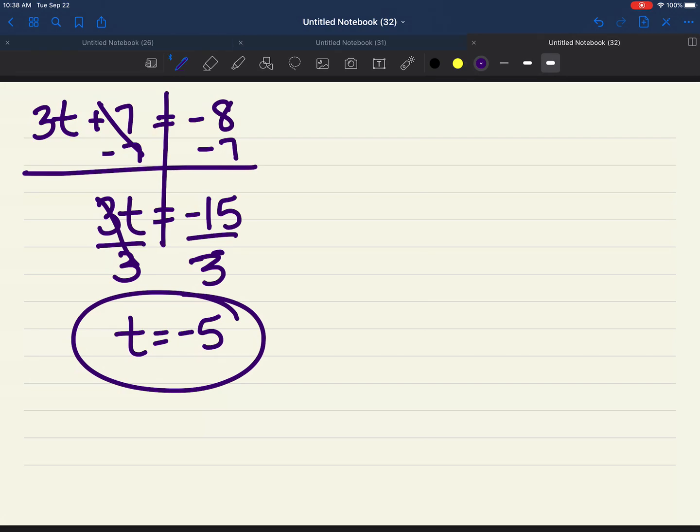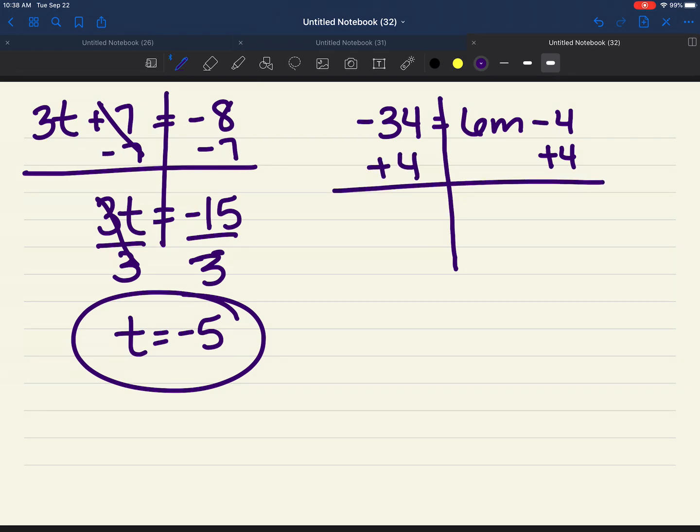All right. Steele, thanks for volunteering. Negative 34 is equal to 6m minus 4. You're going to add 4 to each side, because that would leave the variable. Is negative 4 plus 4 0? Yes. All right. What's negative 34 plus 4?